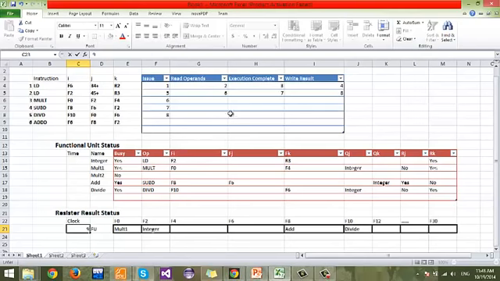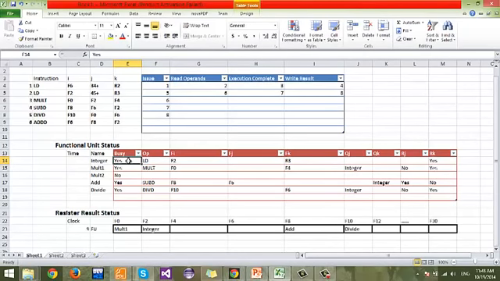What will happen in this clock cycle? First of all, we change this. Load has finished by the end of clock cycle 8, so we should correct.